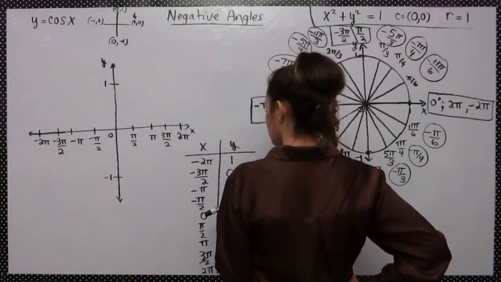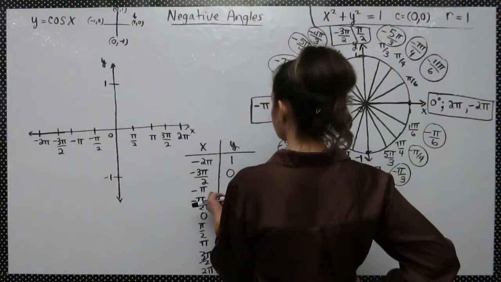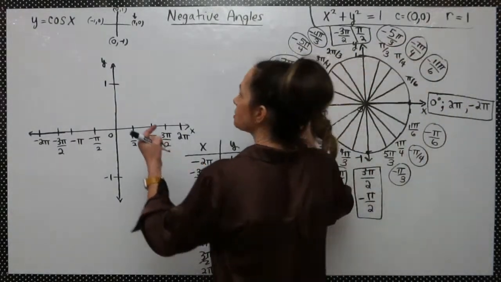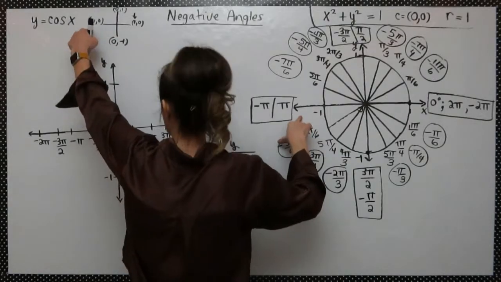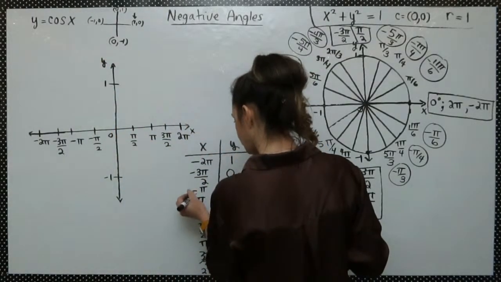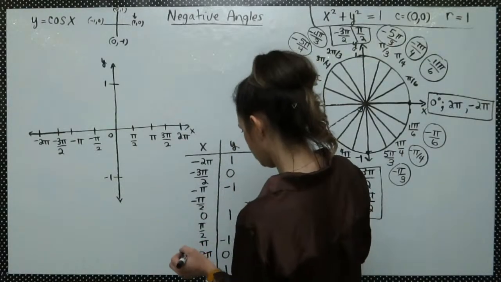So now we're going to go to negative pi, and we're out here. And looking at the cosine, it's at negative 1. So at negative pi, it's negative 1, and it's also negative 1. All right, 0.